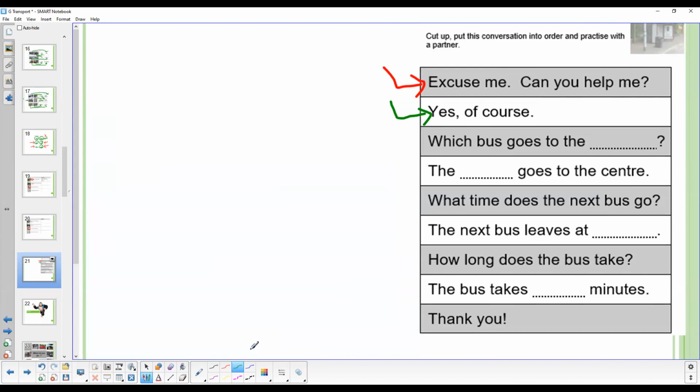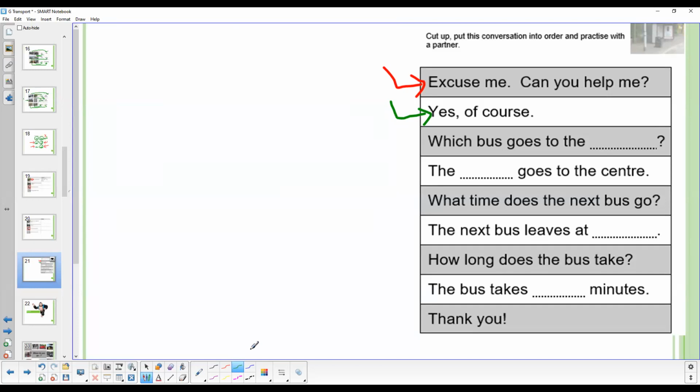Excuse me, can you help me? Yes, of course. Which bus goes to Ealing? The 24 bus goes to Ealing. Okay.